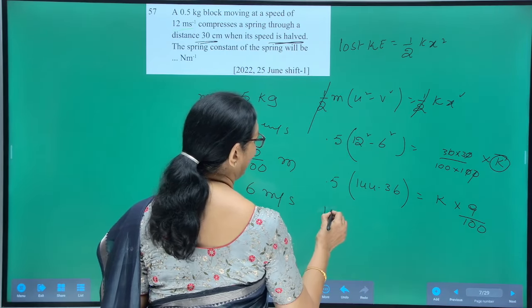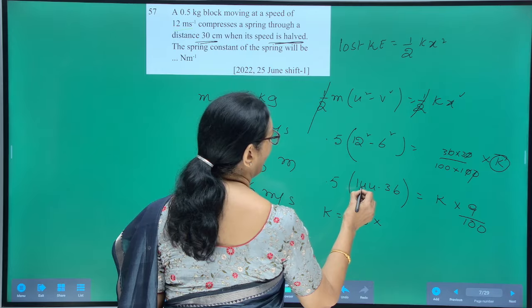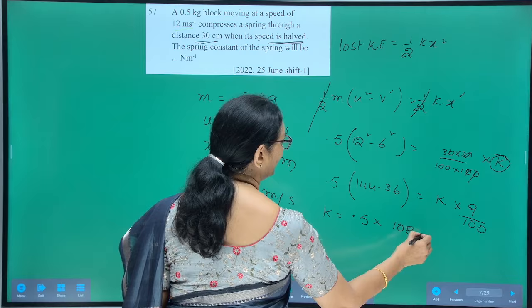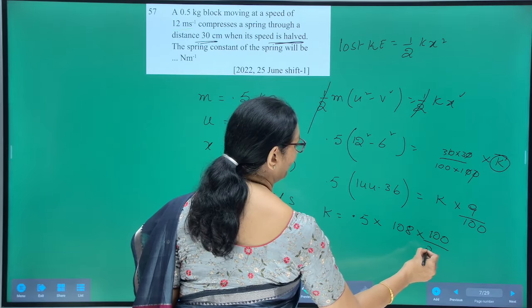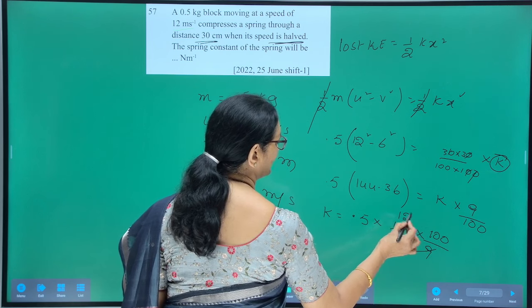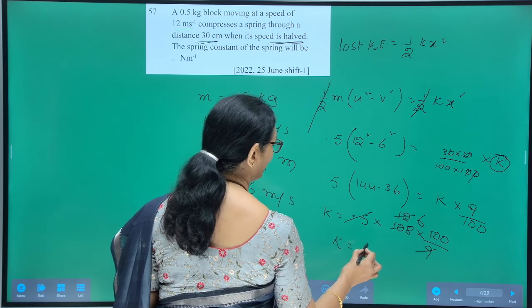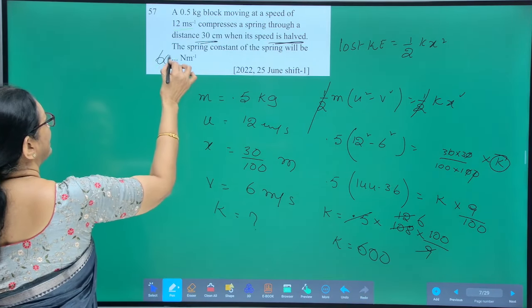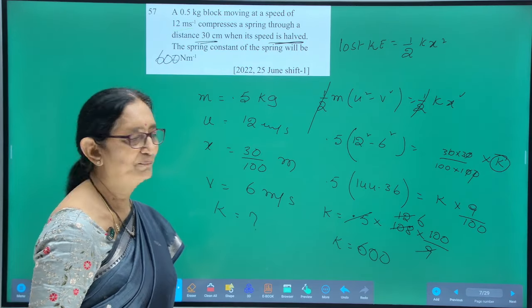So k is equal to 0.5 into 144 minus 36 is 108 into, if you take this to the other side, 100 by 9. 9 gets cancelled 12 times. 12 into 0.5 is 6. So k is equal to 600 Newton per meter. So the spring constant of that spring is 600 Newton per meter.